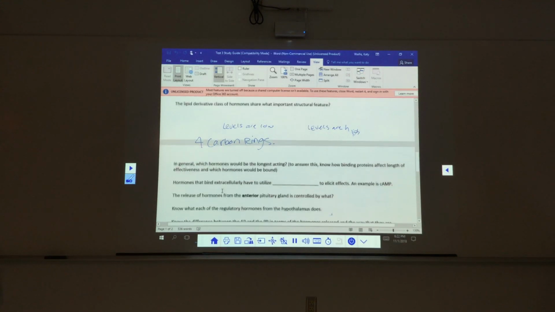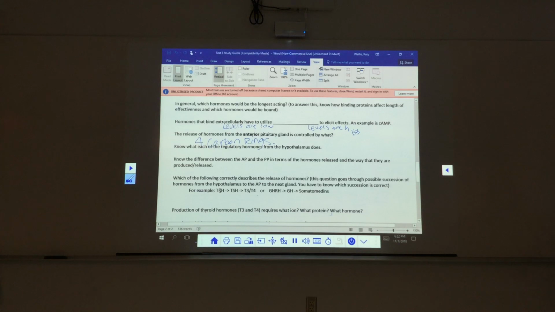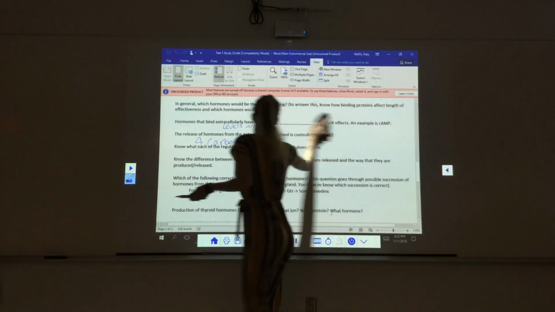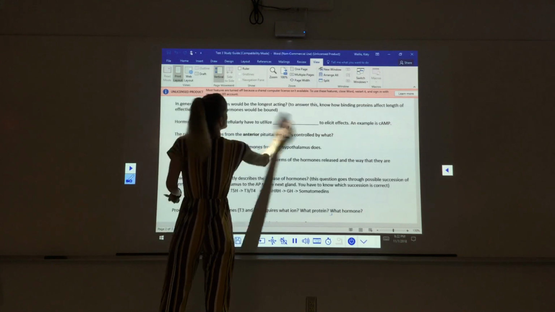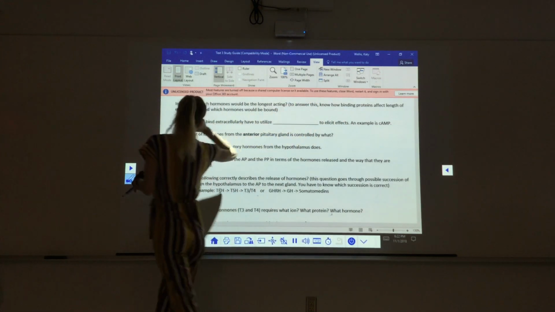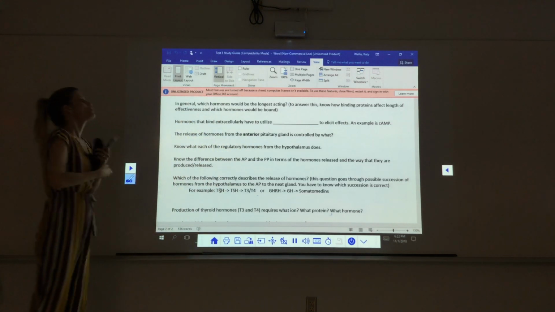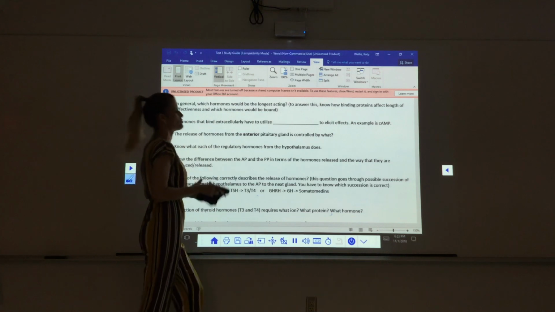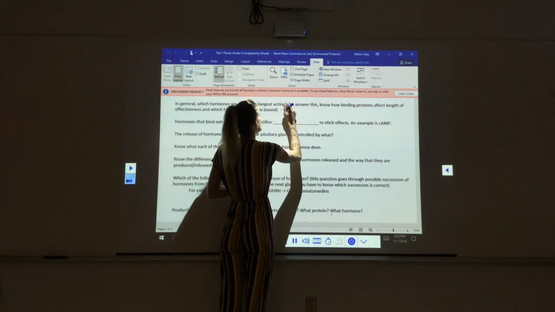In general, which hormones would be the longest acting? What I'm referring to is how binding proteins will affect this length and which ones are bound. So which general types of hormones would be the longest acting?